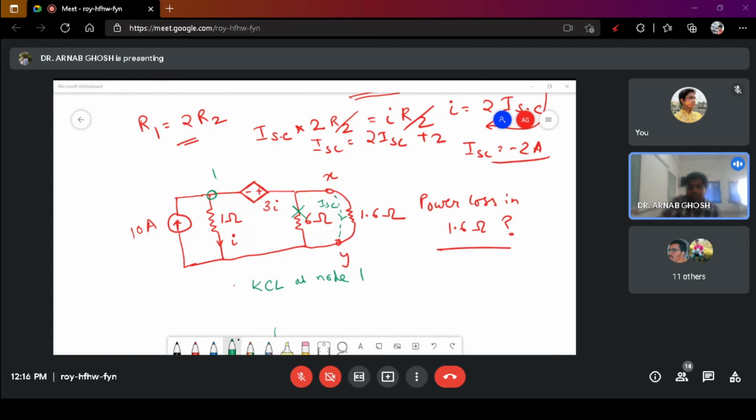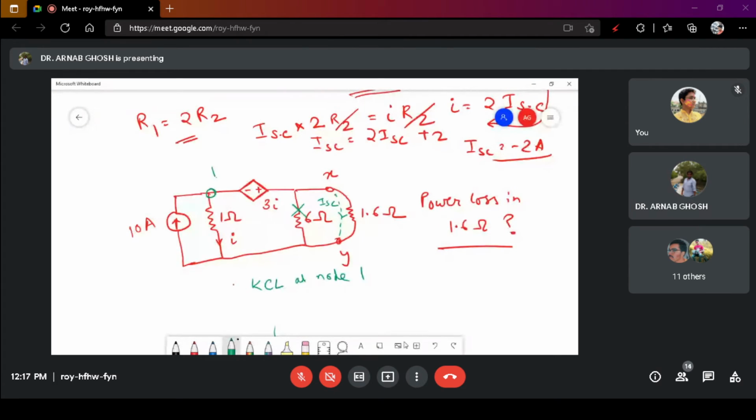So what will the expression become? 10 is equal to I plus ISC. This is a voltage-controlled source, 3I. So 10 will be equal to I plus ISC. Okay, so this is the first thing.